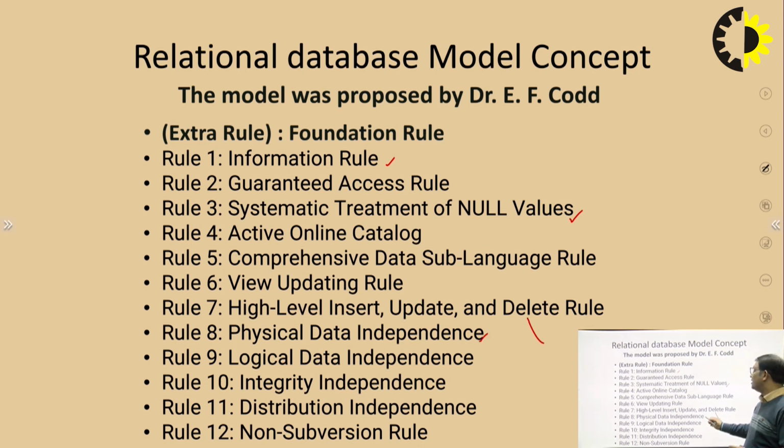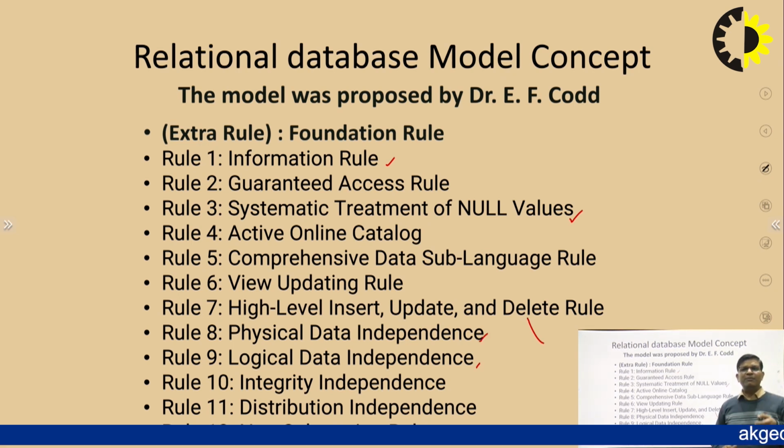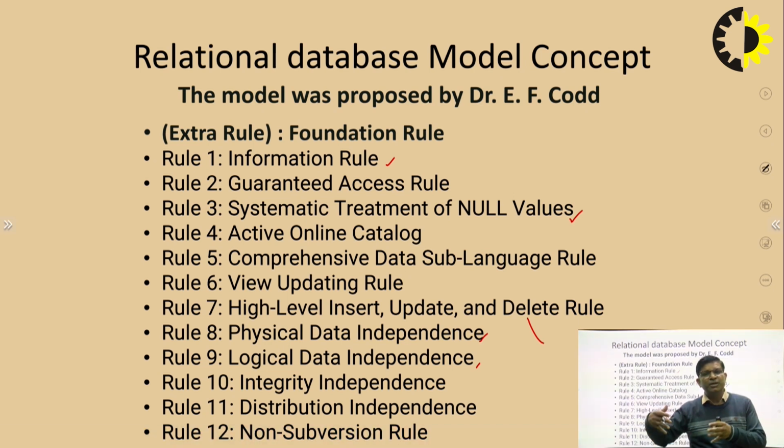Physical data independence, logical data independence. Whenever you want to change the database structure, then as per the structure changed by the database administrator, you need to tell the programmer that this particular application column name or whatever needs to change should be changed. And when the user sees the interface, it is obviously changed.